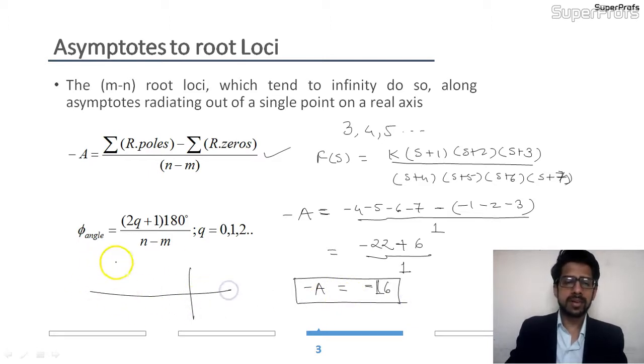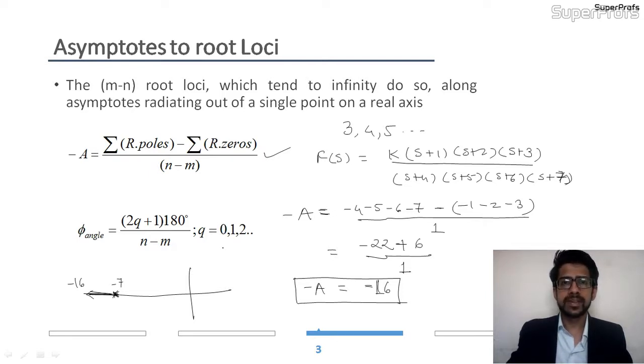So in this particular example, the root locus, which is radiating out of minus 7 towards infinity, will travel along minus 60 towards infinity. Okay. So you have minus 7 and it will go towards infinity. Now it is important to see that the root loci which are traveling towards infinity, that we accepted and we saw that they really travel towards infinity, but at what angle or at what direction they travel?